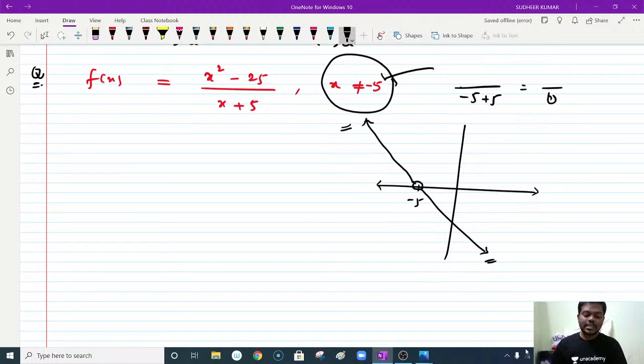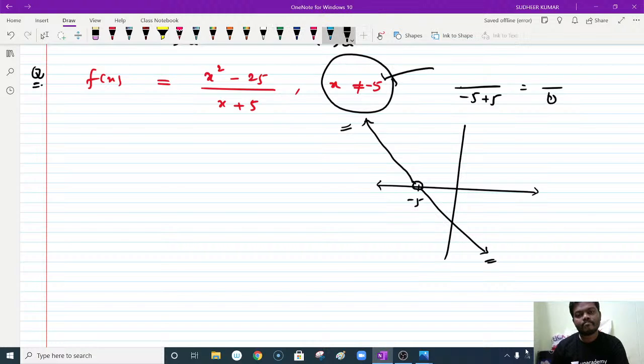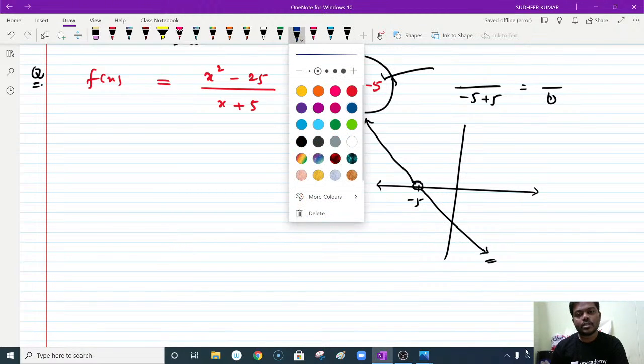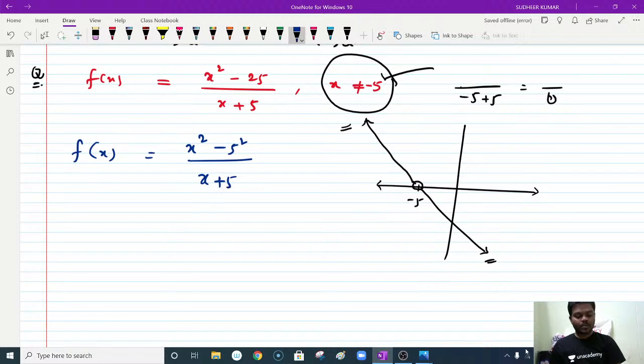If we observe this result, except minus 5, is it continuous or not? Let us check it now. By seeing the graph of this function, roughly drawn, we can find out it is continuous. Right, so first f of x can be written as x square minus 5 square by x plus 5.